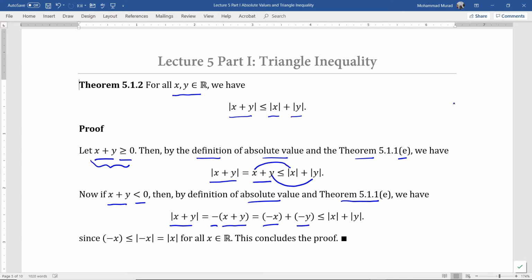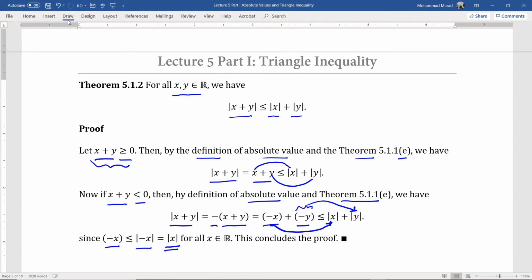But negative x is smaller than or equal to its absolute value, namely the absolute value of negative x. But we also proved that the absolute value of negative x equals the absolute value of x. So this number here must be smaller than the absolute value of x, and this number here must be smaller than this number here.